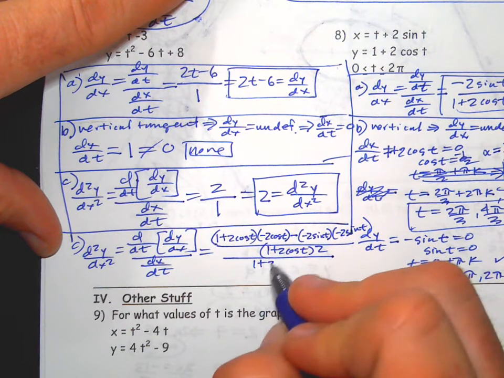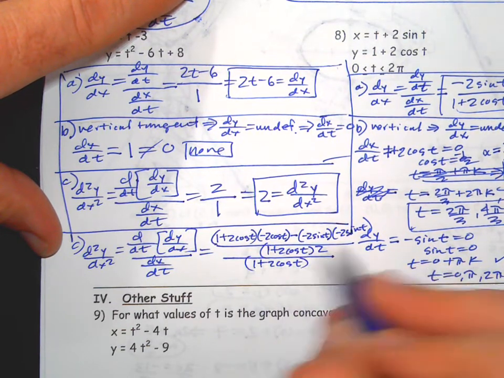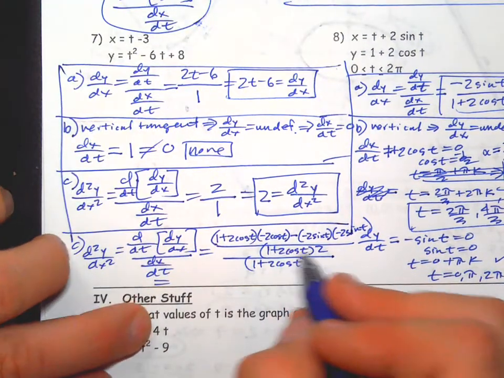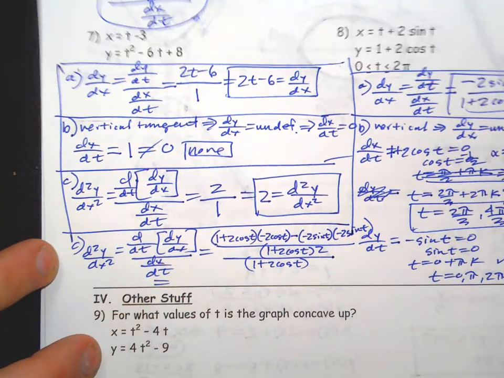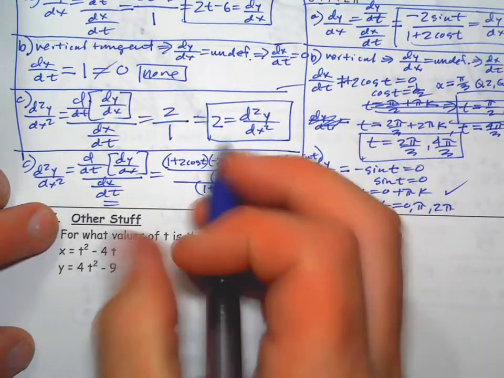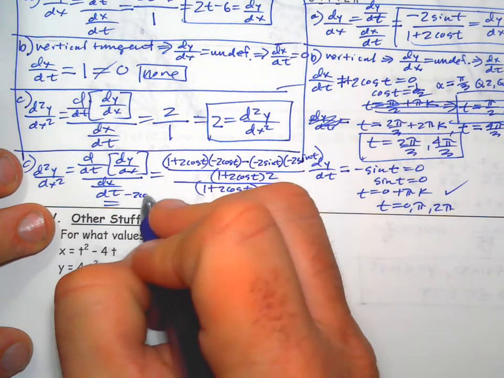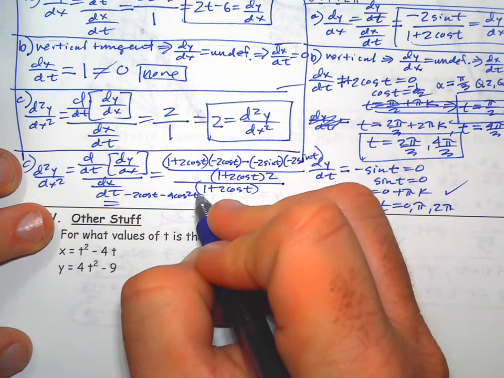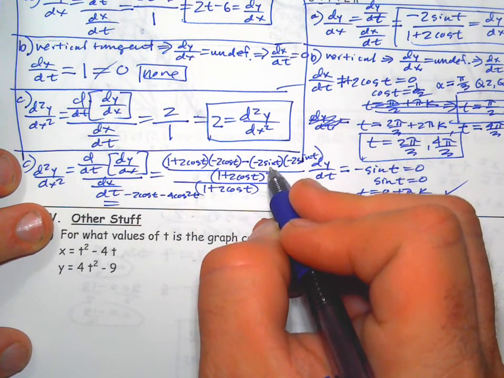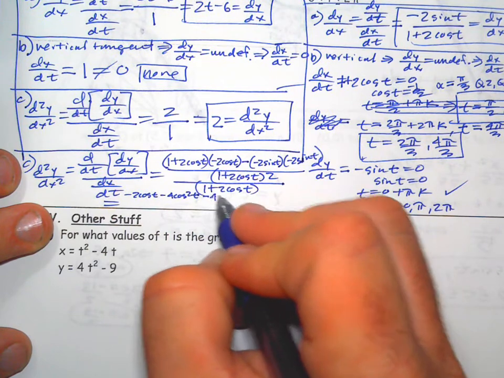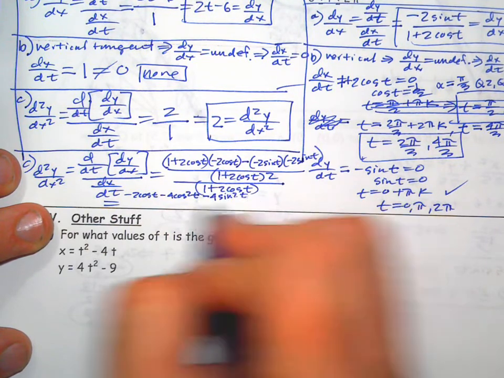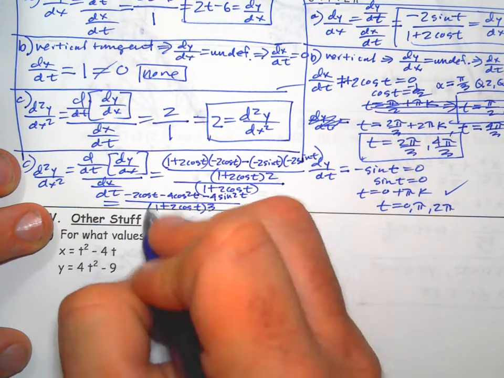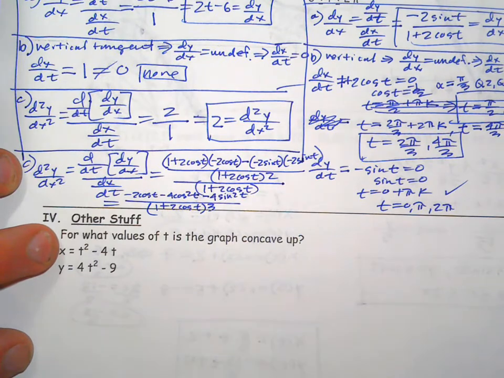1 plus 2 cosine t also. So we're going to get, let's try and simplify the bottom. I'm going to combine those together, leave those factored. But the top, I want to try and clean that up. So we get negative 2 cosine t minus 4 cosine squared t minus 4 sine squared t, all over 1 plus 2 cosine t cubed now.